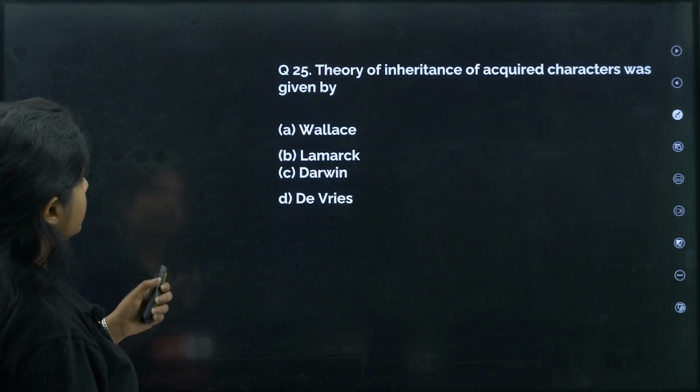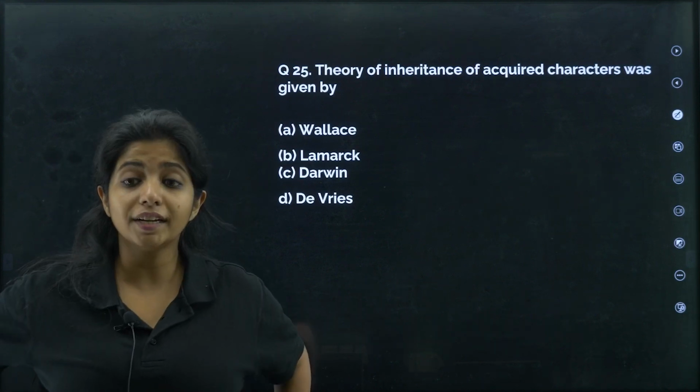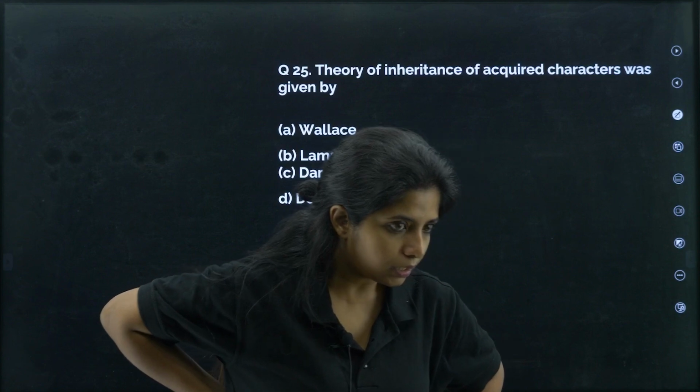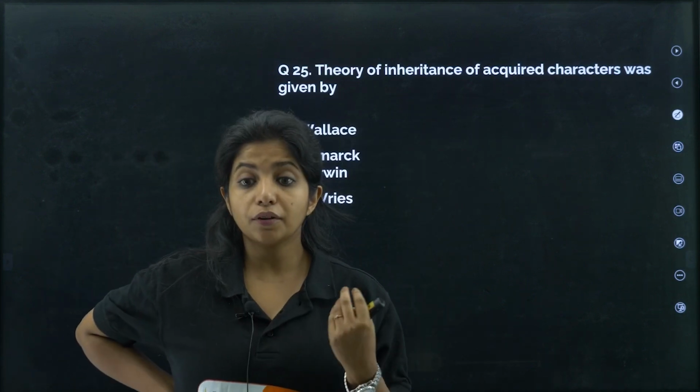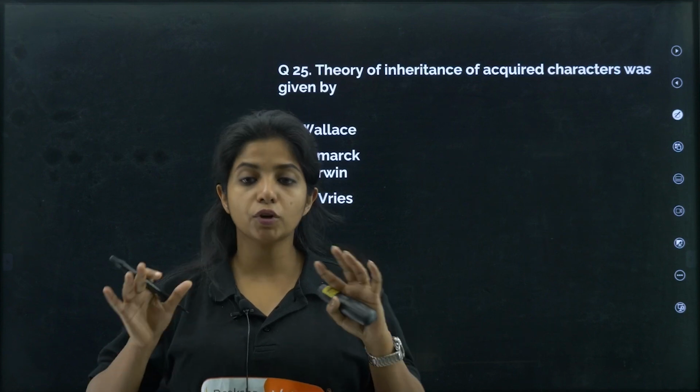Next. Theory of inheritance of acquired characters was given by. Theory of inheritance of acquired character. What do you mean by that? Basically, it is said that we are going to inherit things that we acquire throughout the lifetime. It is not in my genes.